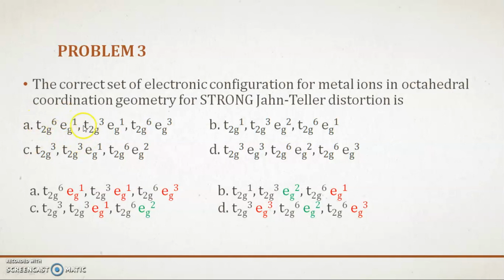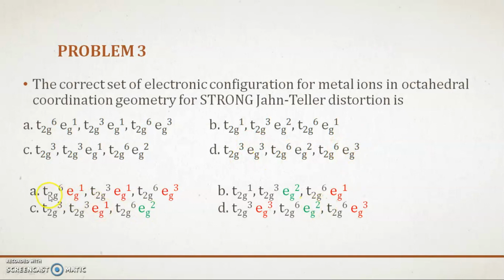Take A: Eg1 is there, Eg1 is there, Eg3. Go to B: Eg2 and Eg1. So only circle Eg1. Now come to C: only Eg1. And come to D: Eg3, Eg3.